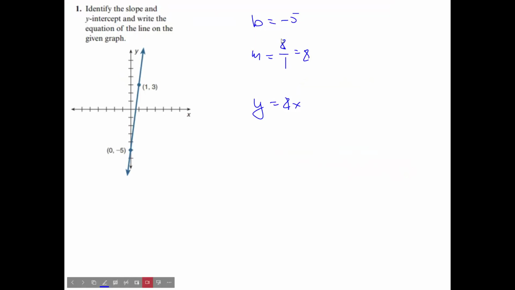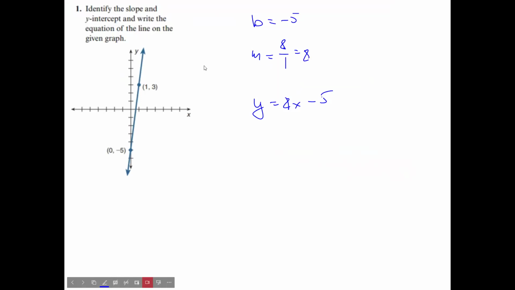Units up or down, depending on the side, units to the side, to the right or to the left. That's it. So it was 8 up and 1 to the right.